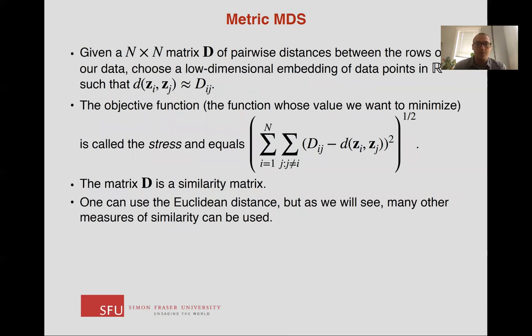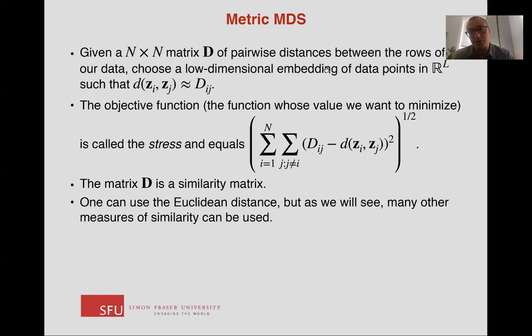All right, so here's the big idea laid out. Let the matrix D here be an n by n matrix giving us pairwise distances between the rows. So, row 1 and 2, 3 and 4, and so on and so forth. Then we want to choose a low dimensional embedding of data points, say with L dimensions, right?